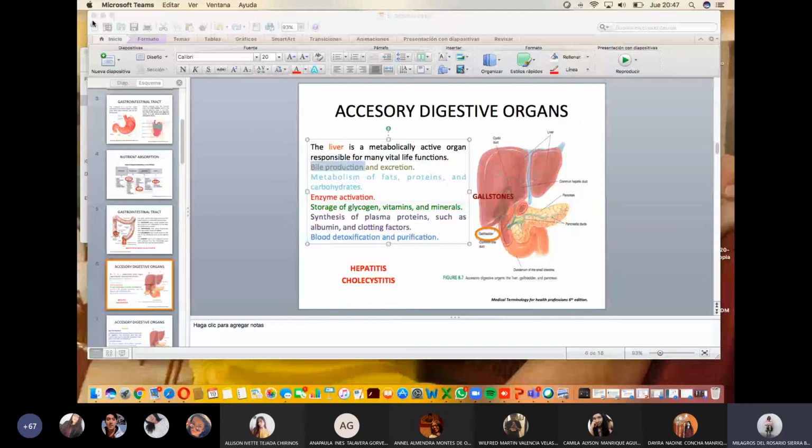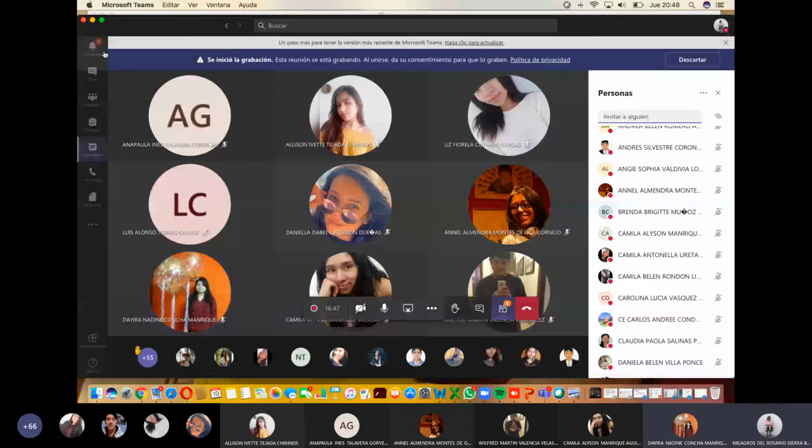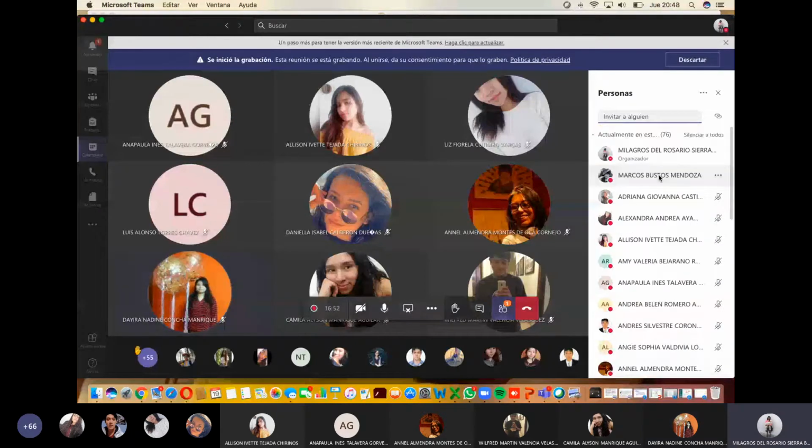We talked about the quadrants in the stomach. Is it in the epigastric, hypochondrium? Epigastric. No, epigastric is when we talk, for example, about gastritis.